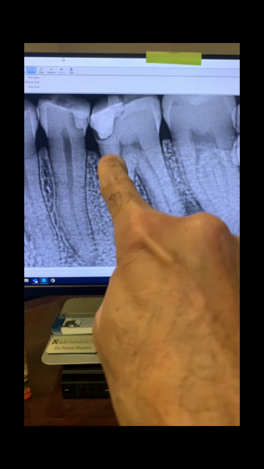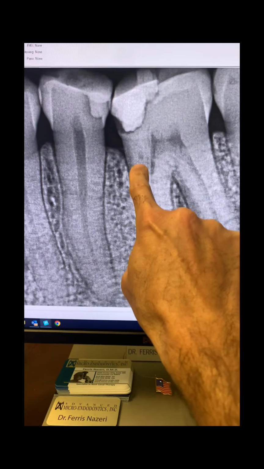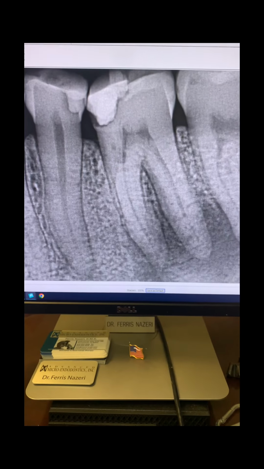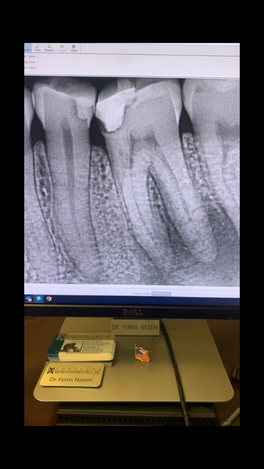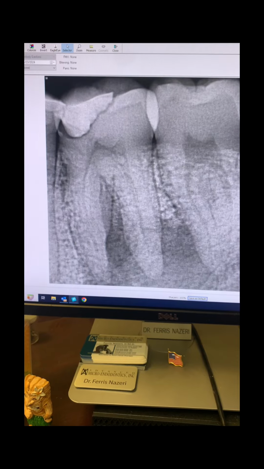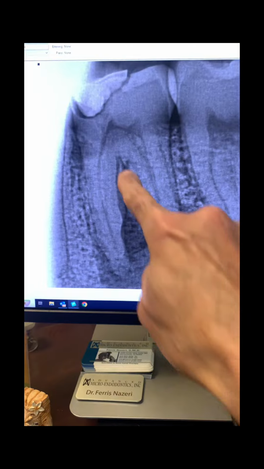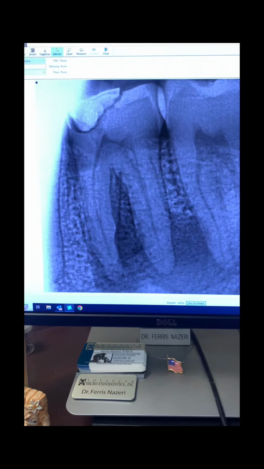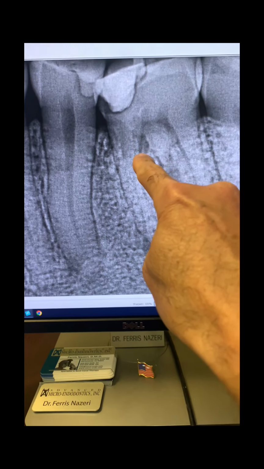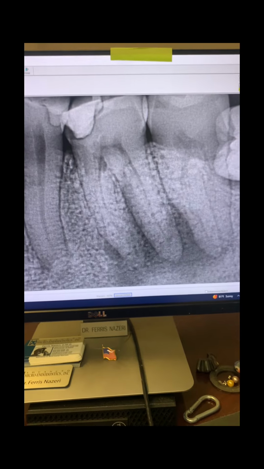But what's going on here? What is this? That's why it's important to be able to read radiographs.